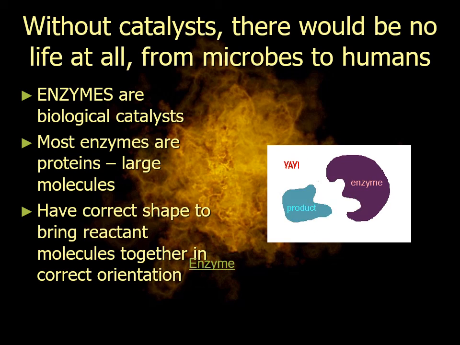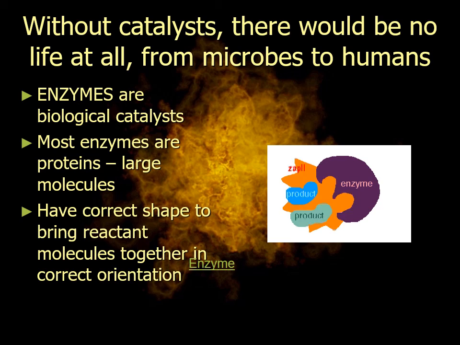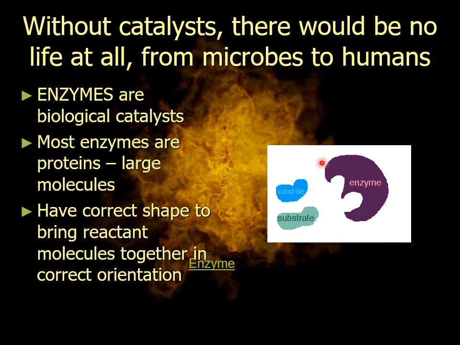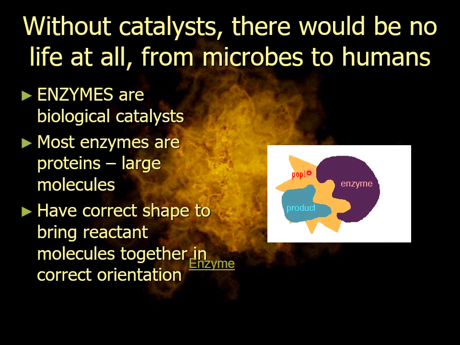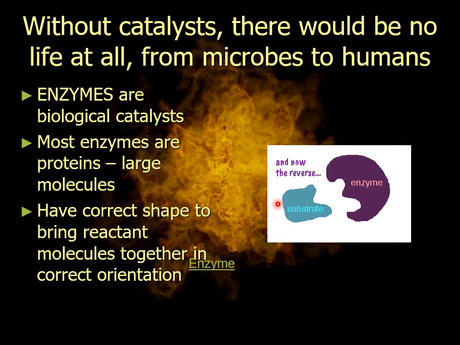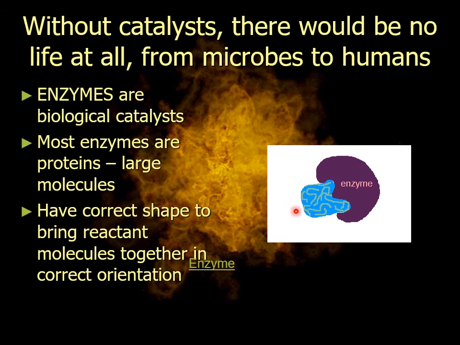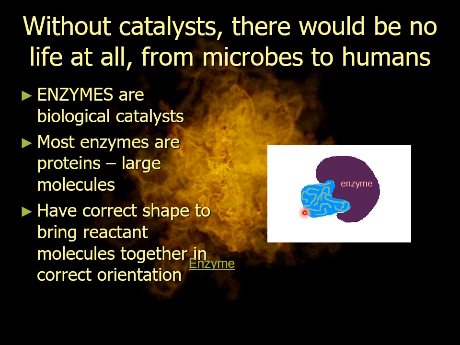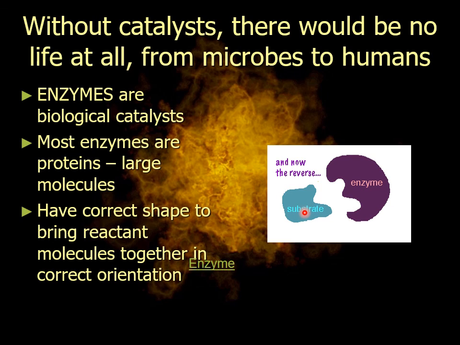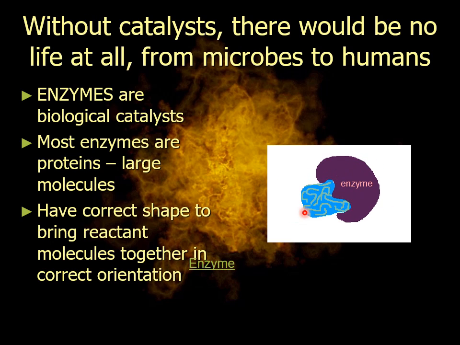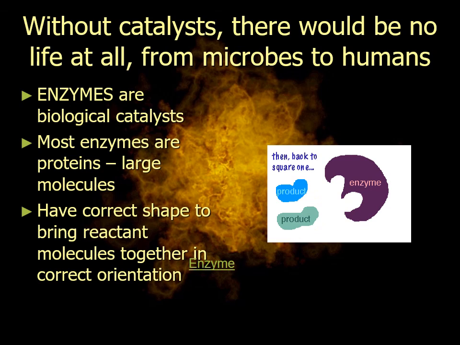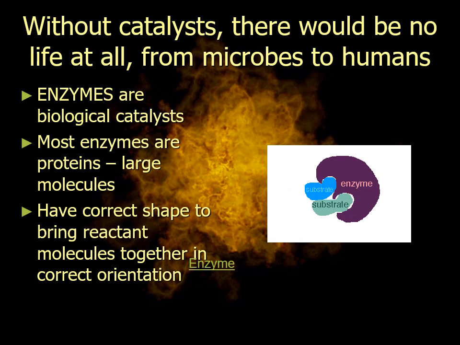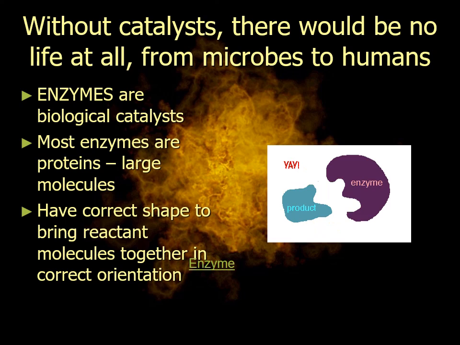So I said the orientation is very, very important, particularly when you have large molecules. The enzyme in this little animation is serving to bring the substrates, the reactants, into the enzyme and get them oriented correctly so that the products happen. So that is a brief illustration of different types of catalyst.